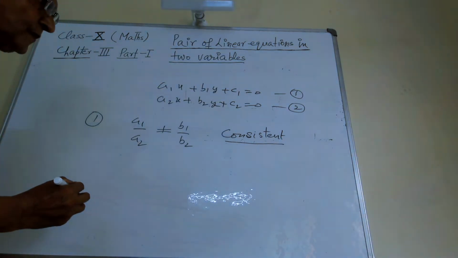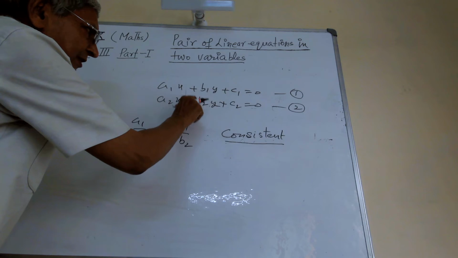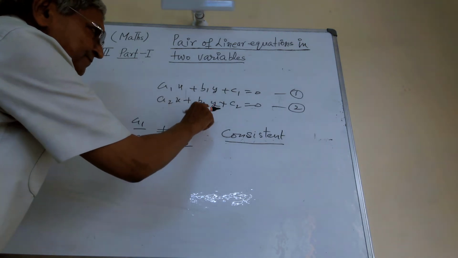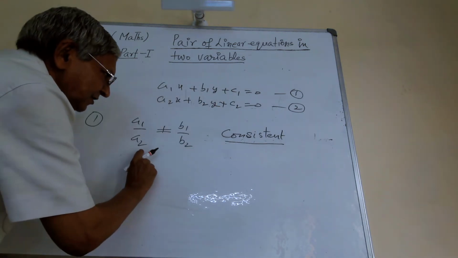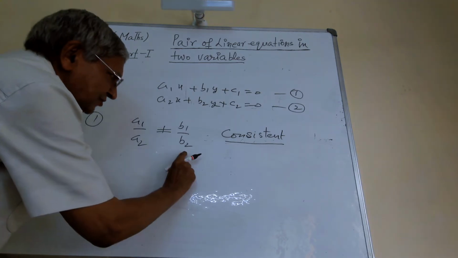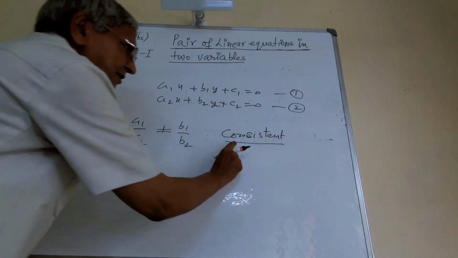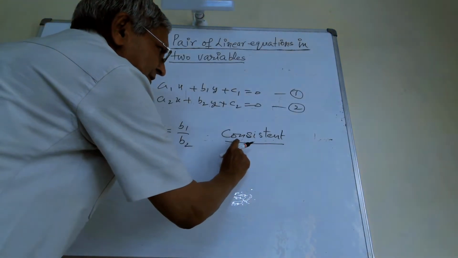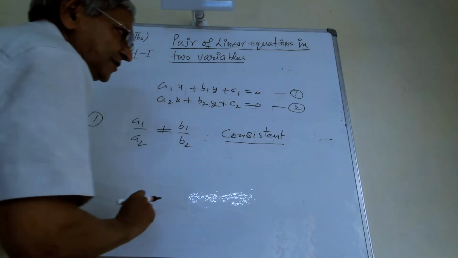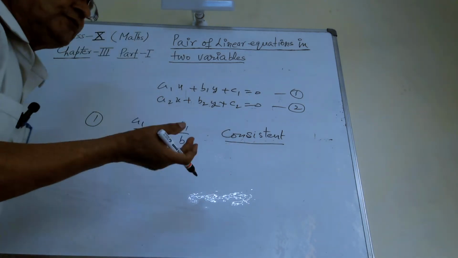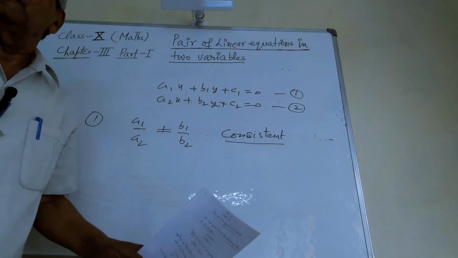Understand here, if you find this condition, the linear pair of equations is consistent. It means these two equations have a solution.